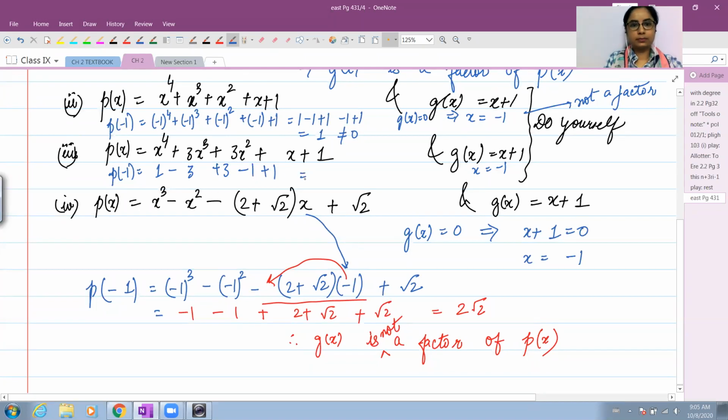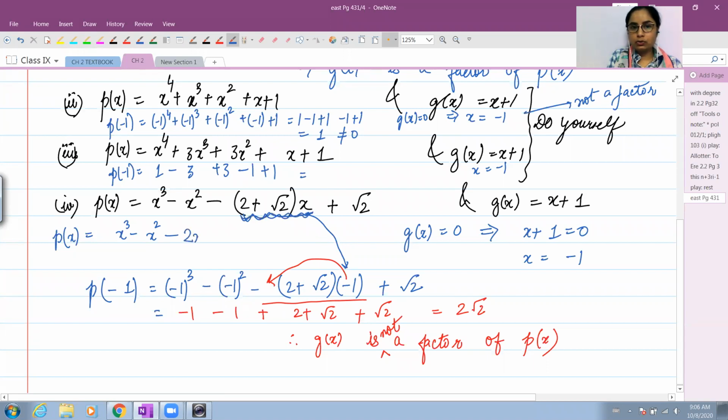Ma'am, what you have done here in the fourth part while solving px, when you have put the value p equal p minus 1, ma'am, please explain. I have actually used the value directly without opening the bracket. If you think it will be easier if you simplify this, or if you write the polynomial px as this, so you will be multiplying, like this will be opened using distributive property.